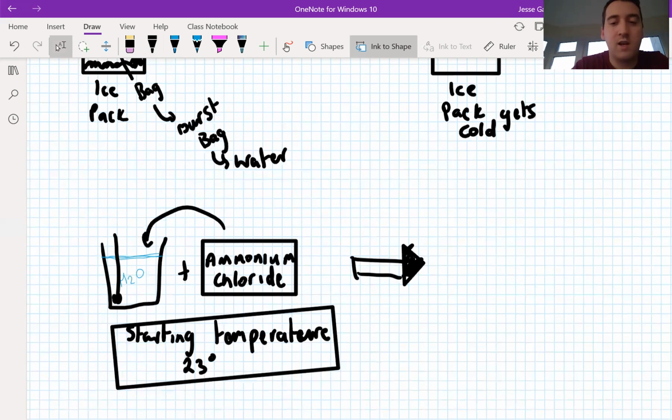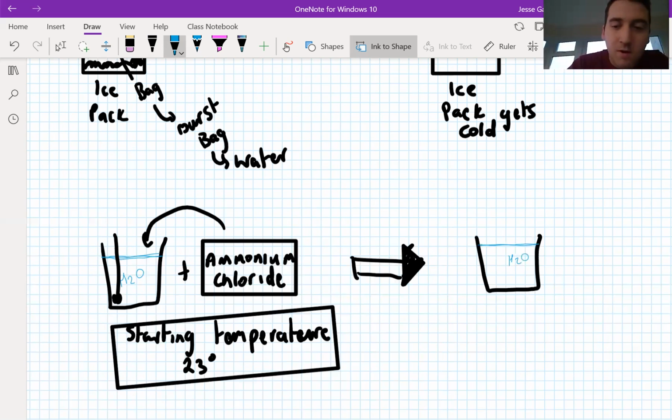If we take a look at what's happening in our reaction down here, we've still got our water, H2O, we've got our thermometer, and our ammonium chloride is now dissolved.